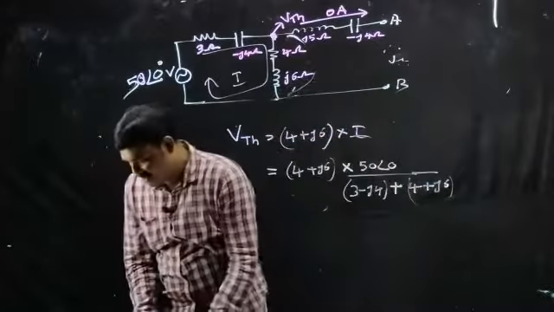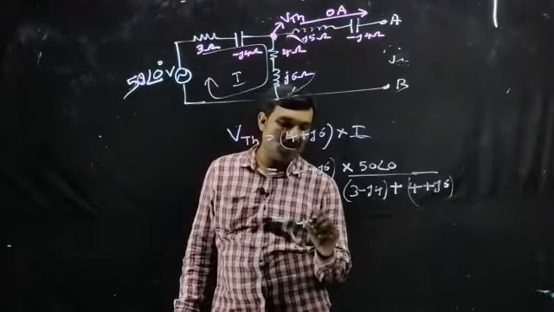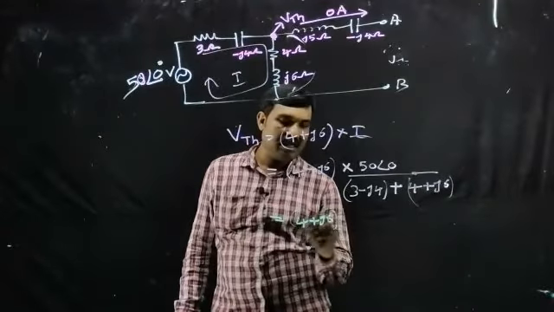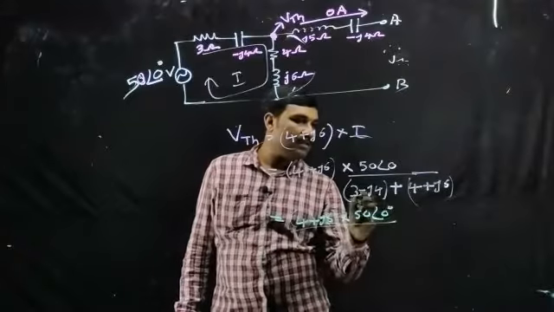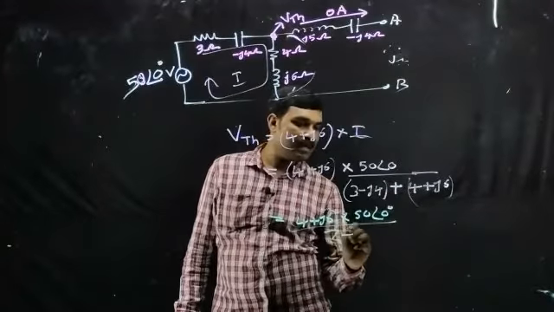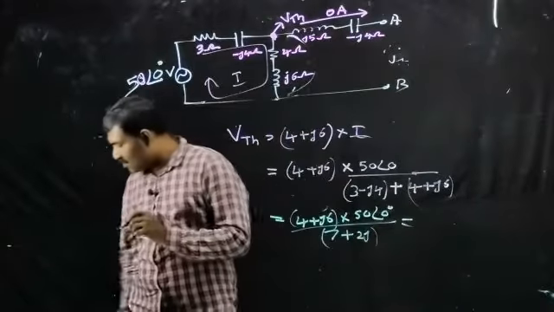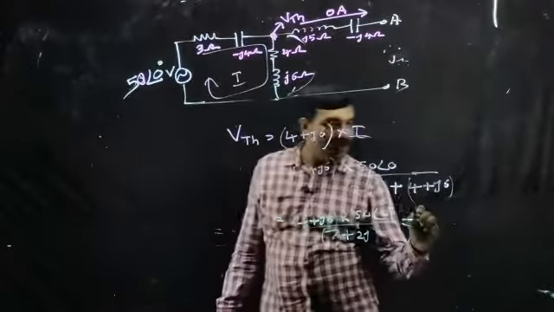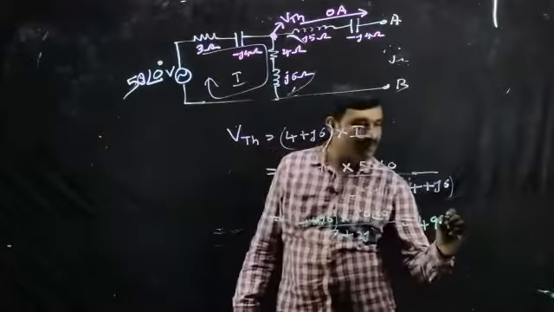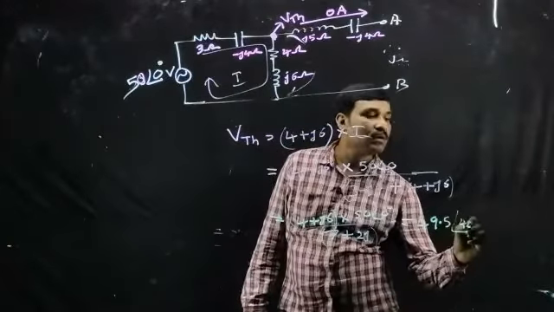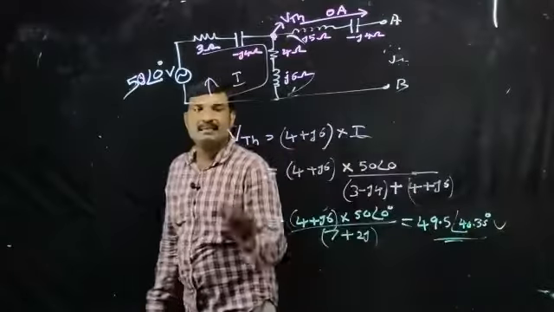Now simplify this expression, then we will get 4 plus J6 multiplied by 50 at an angle 0 degree, all divided by 3 plus 4, 7 plus 2J, right? This is numerically equal to 49.5 at an angle of 40.35 degree. This is the value of VTH, right?